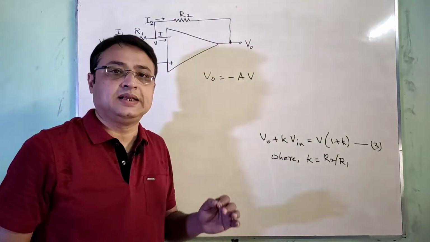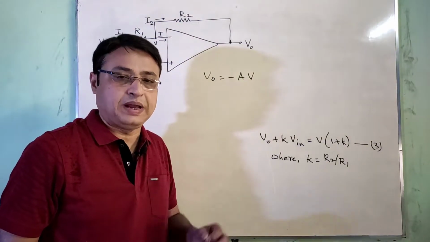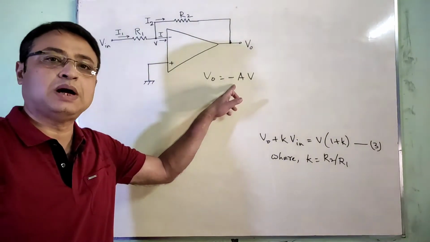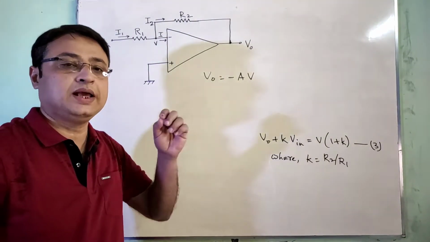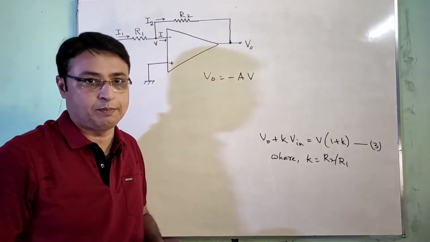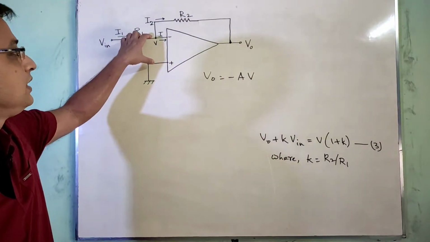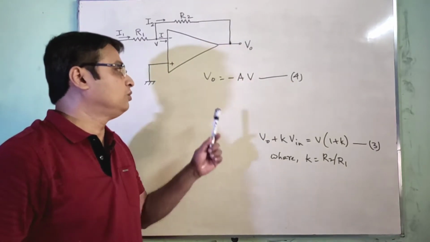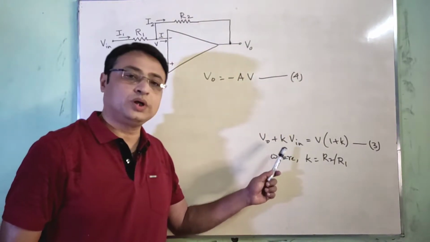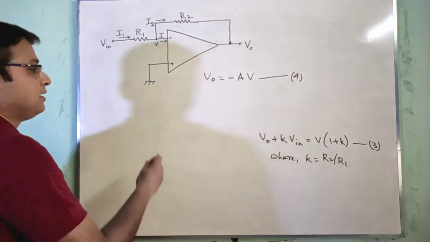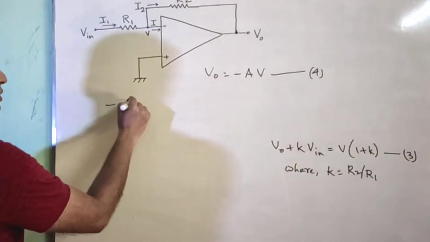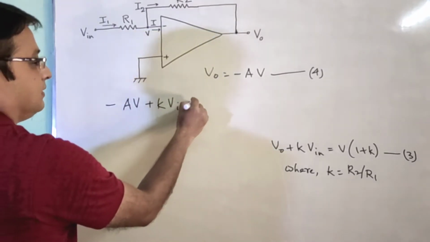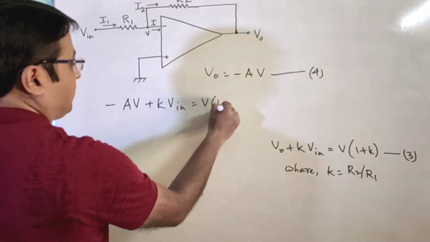Since the circuit is an inverting op-amp amplifier, we can write the output voltage V0 equals minus A into V, where A is the gain of the op-amp and V is the voltage across the two input terminals. Let it be equation 4. Substituting the value of V0 from equation 4 into equation 3, we get minus A into V plus K into Vin equals V into (1 plus K).